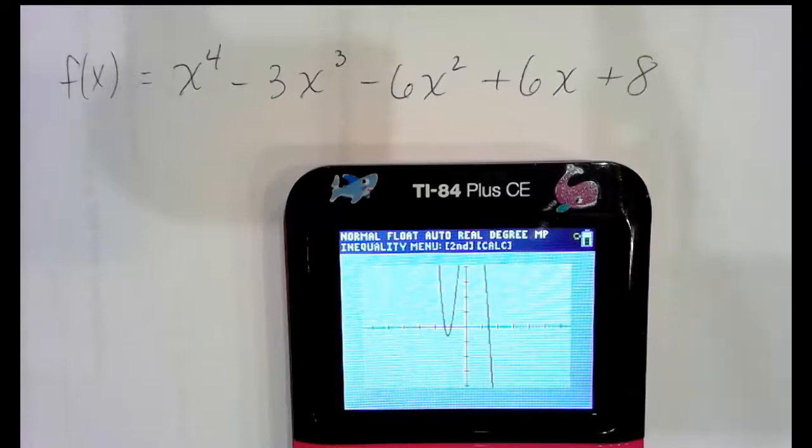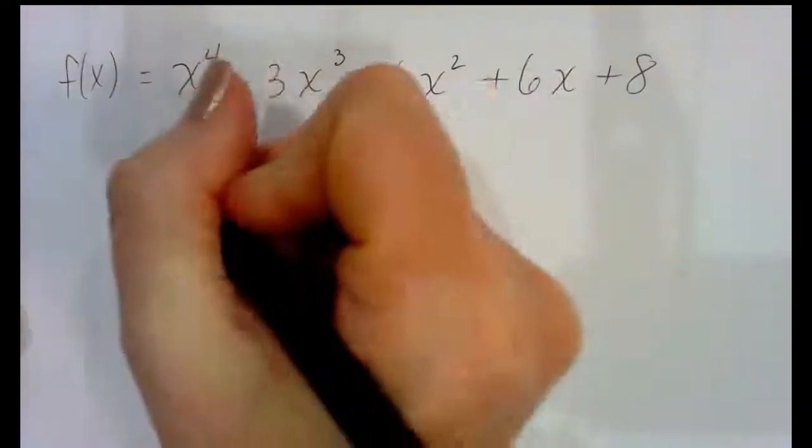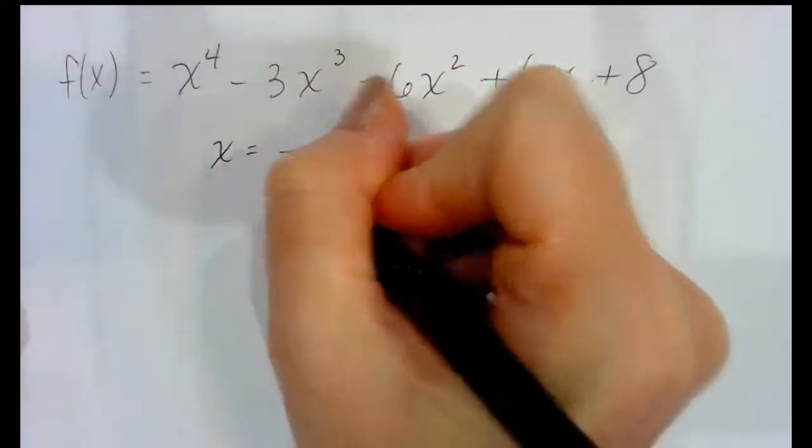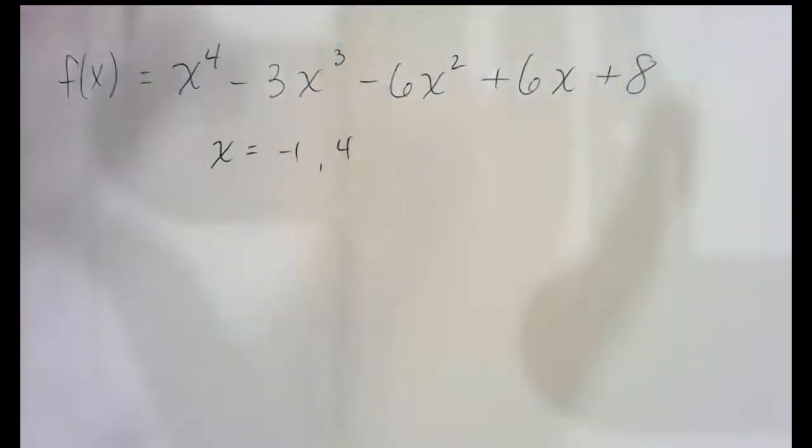And I can see that we've got a definite one at -1 and also 1, 2, 3, 4 at 4. So -1 and 4, those are the ones I can for certain see. So I'm going to use those to depress my polynomial down. So we know for certain that x equals -1 and 4.